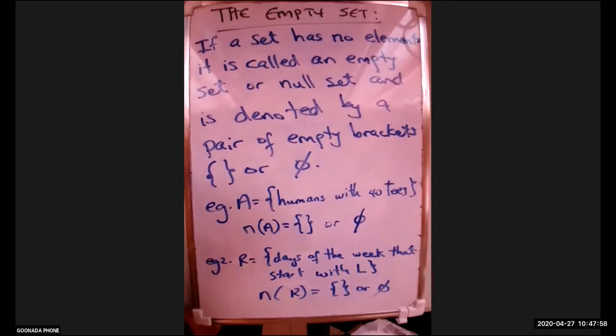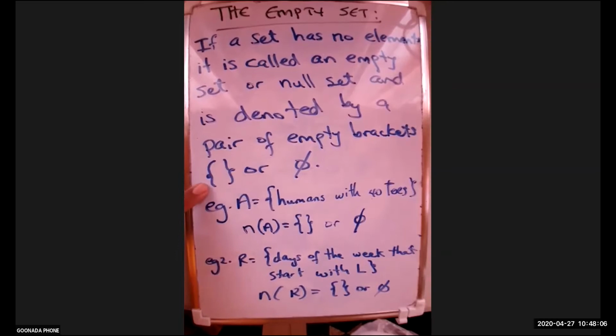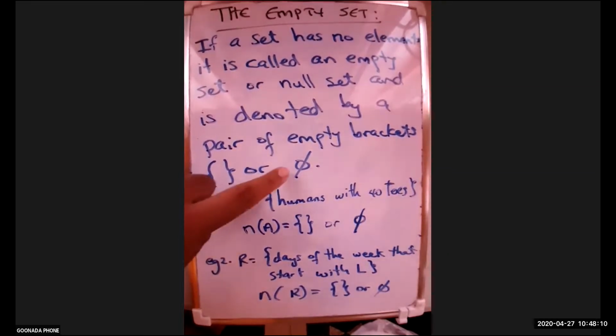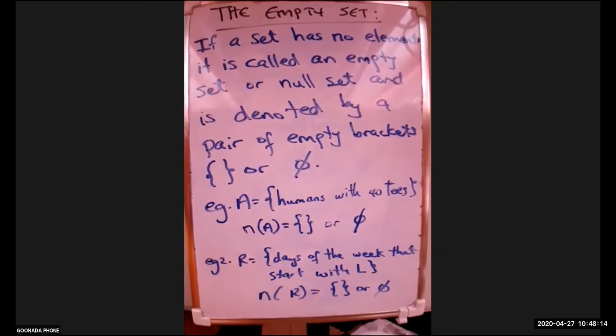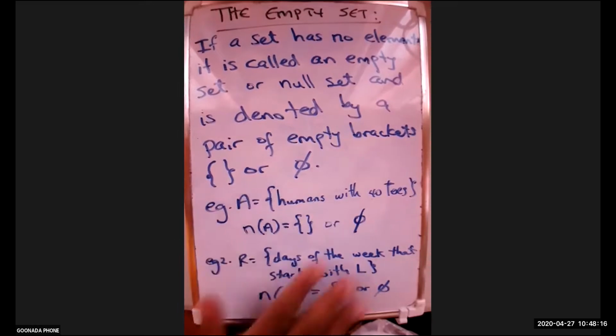Okay, so basically the empty set is a set of nothing. So if a set has no elements, then it's called an empty set, and it is represented by a pair of empty brackets, or the symbol phi, P-H-I, phi, right? So these are some examples of the empty set.